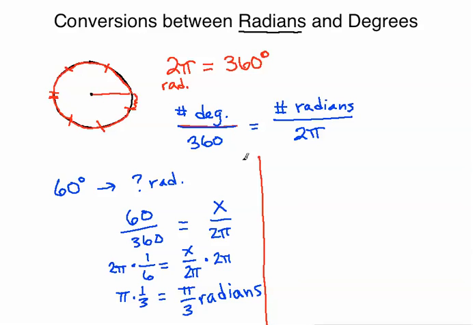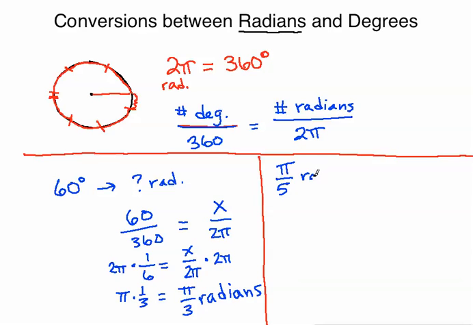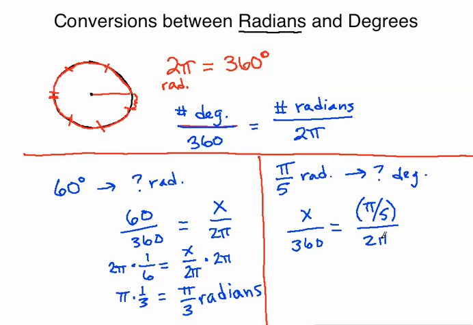Alrighty. Now let's say we wanted to go from radians to degrees. So let's say I want to know how many degrees are in pi over 5 radians. All right, so I'm going to do x over 360 equals, and then pi over 5 over 2 pi.